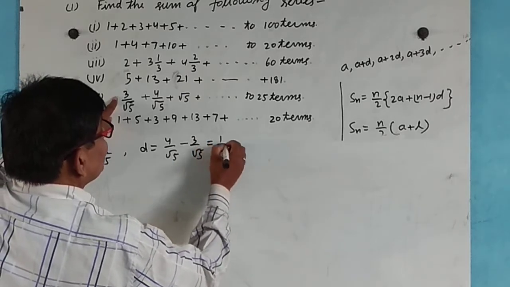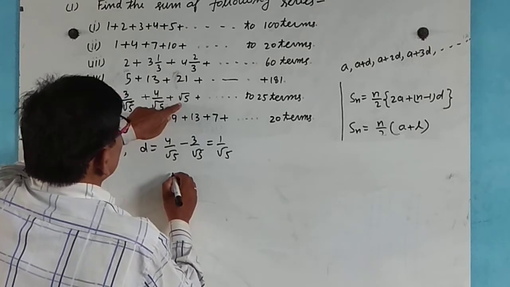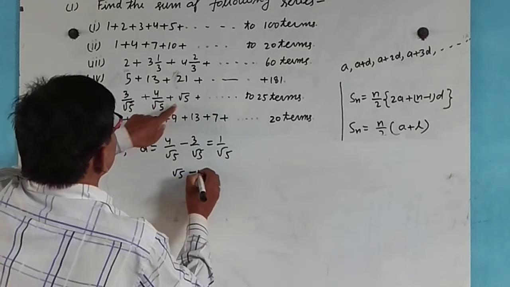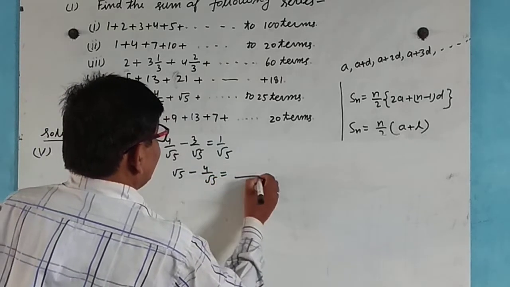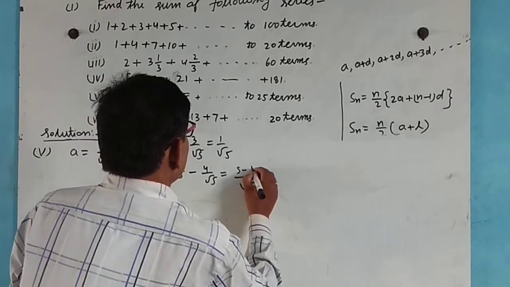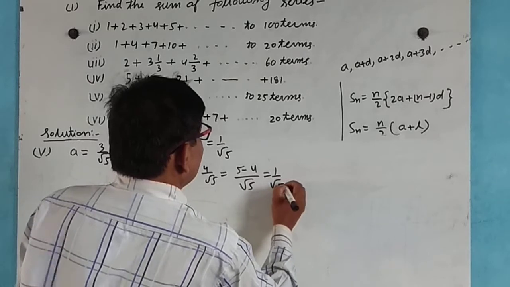This is equal to 1 by root 5. Or we can also calculate d from here, root 5 minus 4 by root 5, that is equal to 1 by root 5.